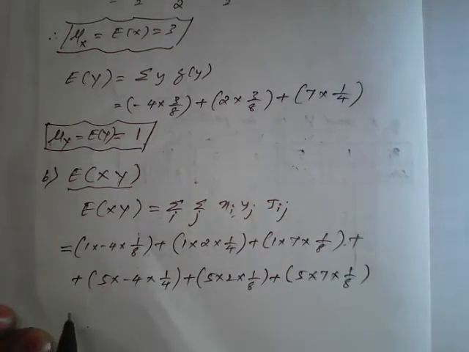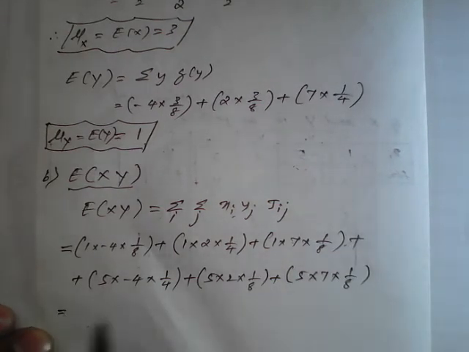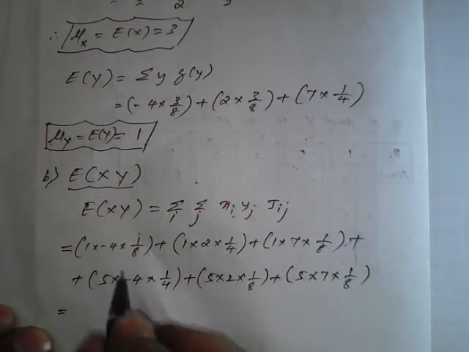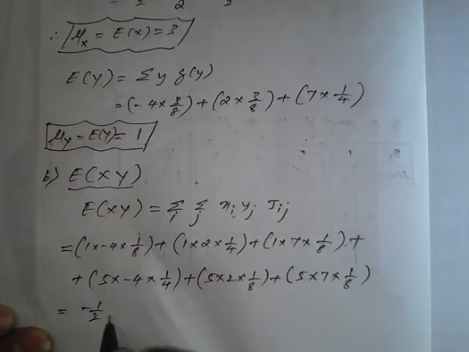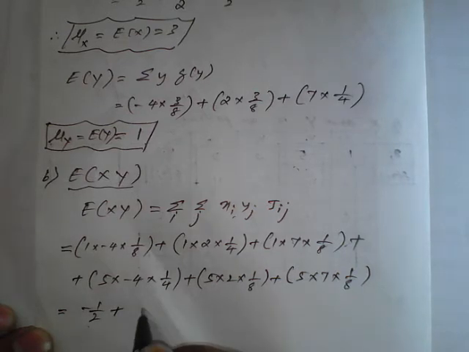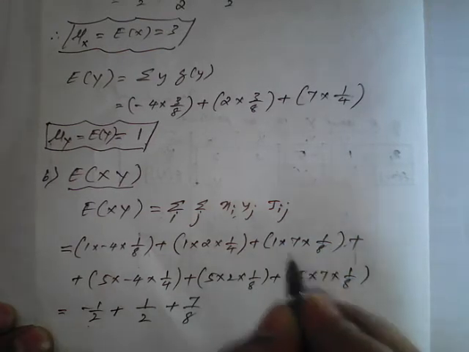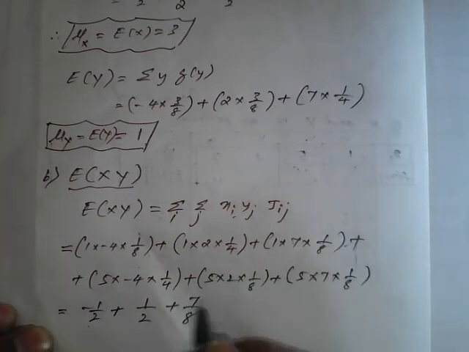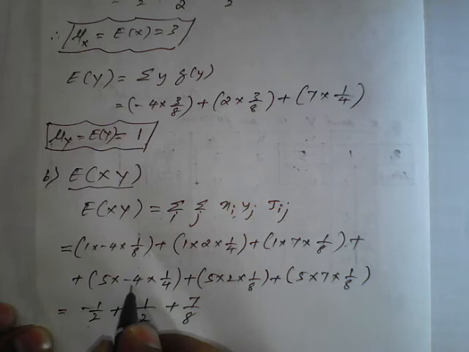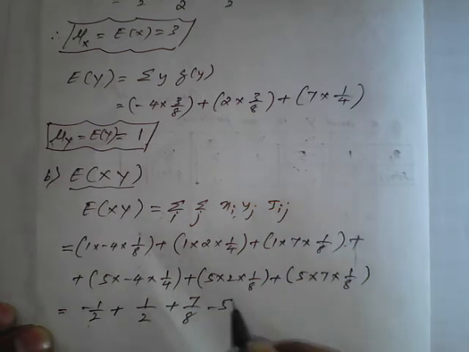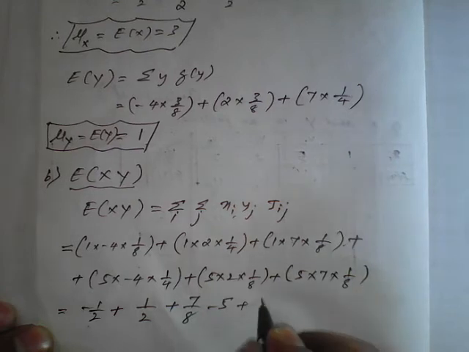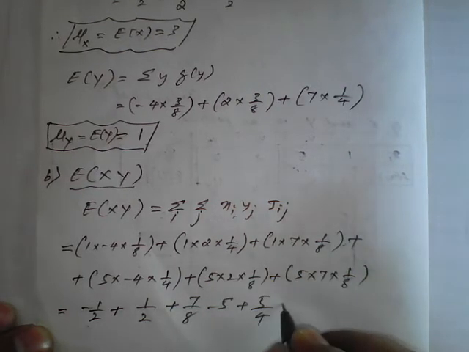On simplification we'll get the first bracket as minus 1 by 2, the second bracket is also 1 by 2, and the third bracket is 7 by 8. Next, after simplification the 4 and 4 cancel, so minus 5, then this is 5 by 4.